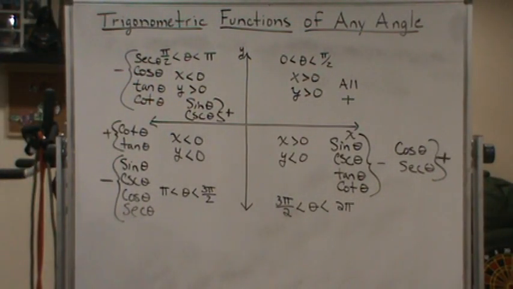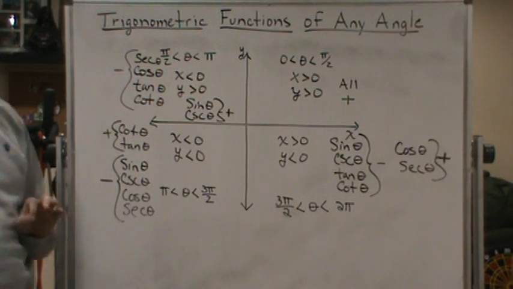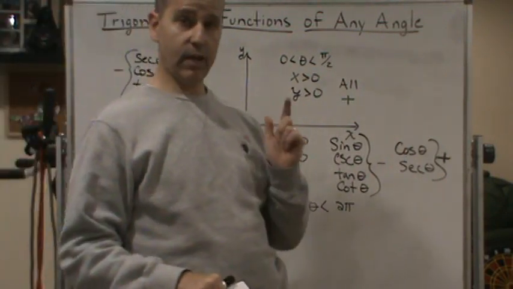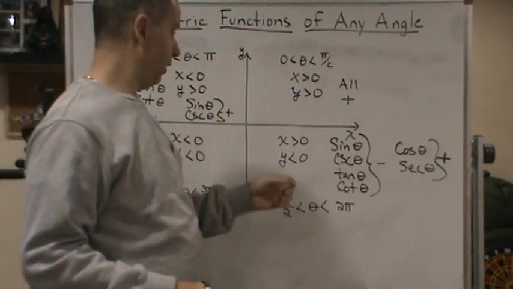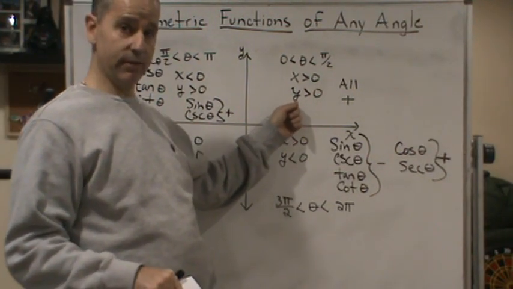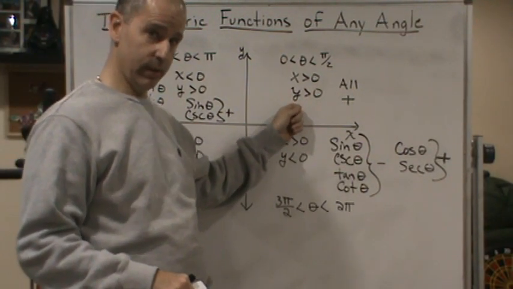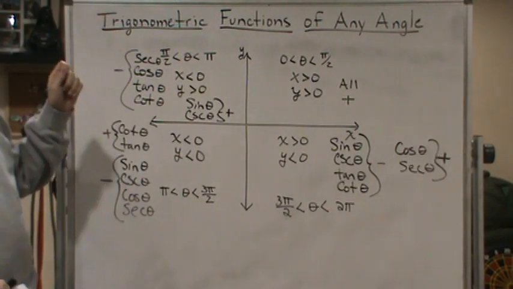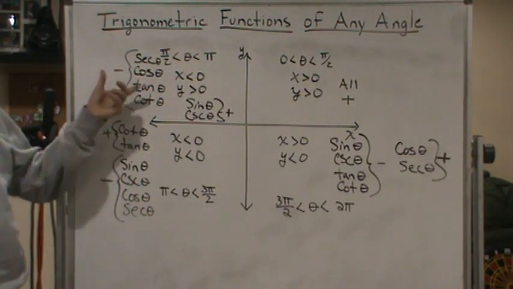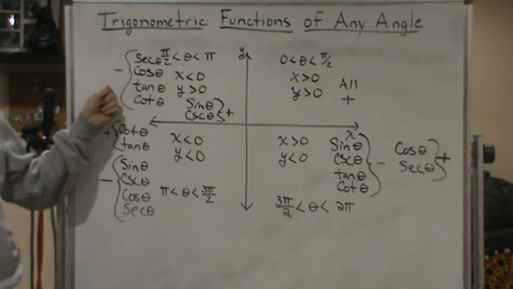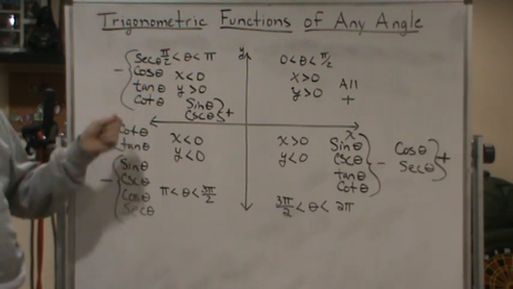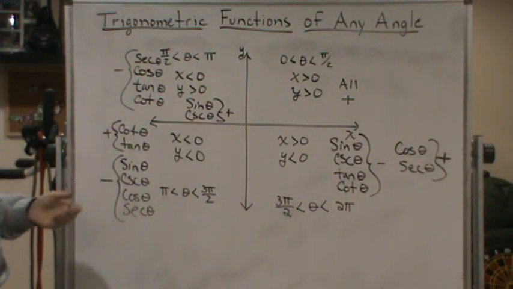Here's the thing. As long as you remember sine, cosine, and tangent, then the others follow. Everything is positive in the first quadrant. Here we're dealing with negative x, so cosine and tangent are negative, and remember that the reciprocals are also negative.